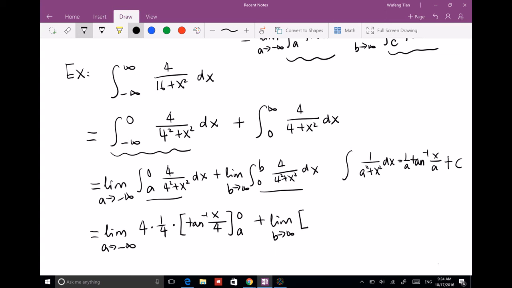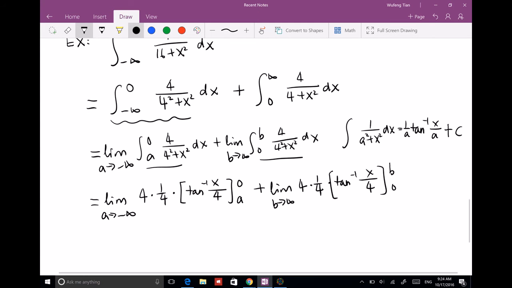It's the same thing, repeating 4 times 1/4 and tangent inverse. When you do that, you don't have to write all of the 1/4 again if you know the answer is 1. This is the same as the previous one, just 0 to b.